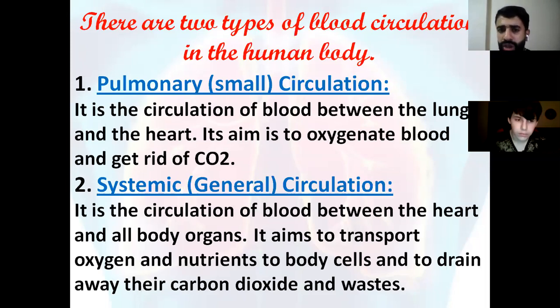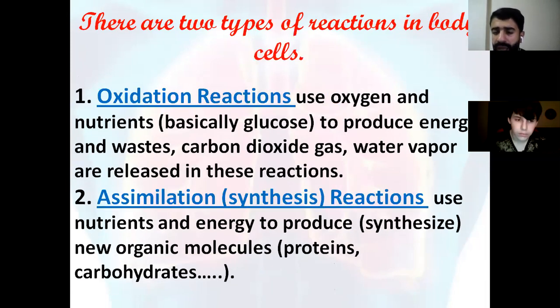carbon dioxide and waste. Two types of reaction inside the body cells. We have something called assimilation reaction, called synthesis, and something called oxidation reaction. Oxidation reactions use oxygen and nutrients, basically glucose, to produce energy, while waste, carbon dioxide and water vapor, are released in these reactions.